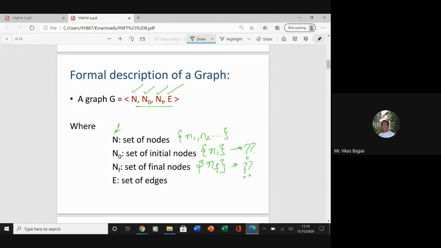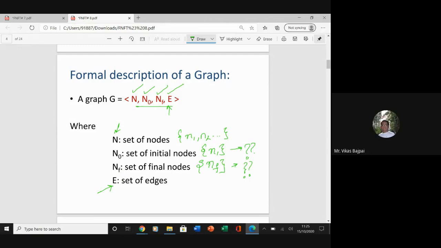I hope you are all with me in this particular discussion. Well, I guess most of you are not here. If there is no graph, then of course these two can be null, but otherwise there will be at least one root. So there will be something in N0 as well as in NF.